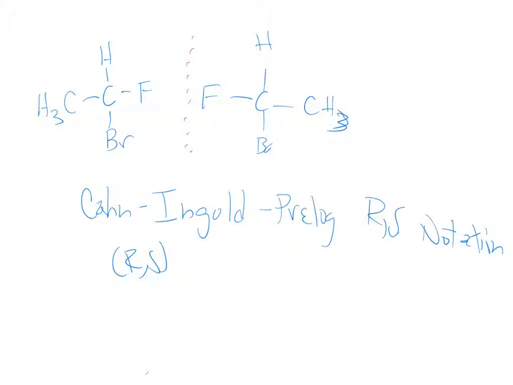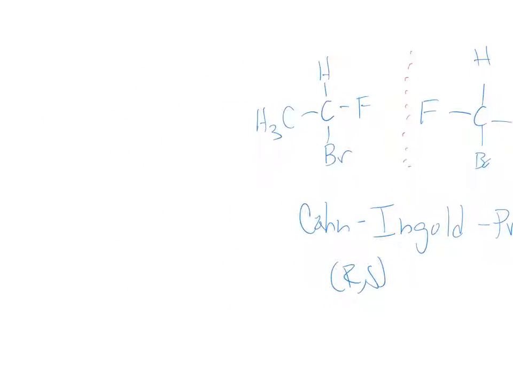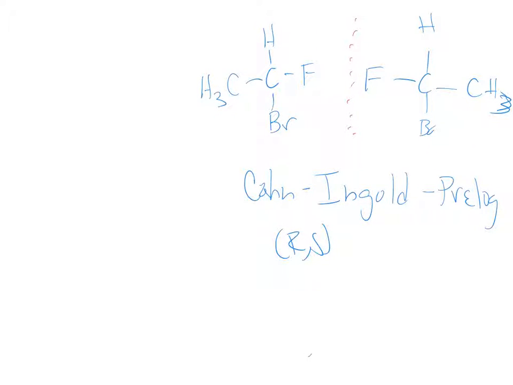Okay. So the way to do this is, I'm going to redraw this a little bit and move it over here. First rule: remember this is tetrahedral. I would sometimes just hold it in my hand and rotate it, just like I would if it was a model.